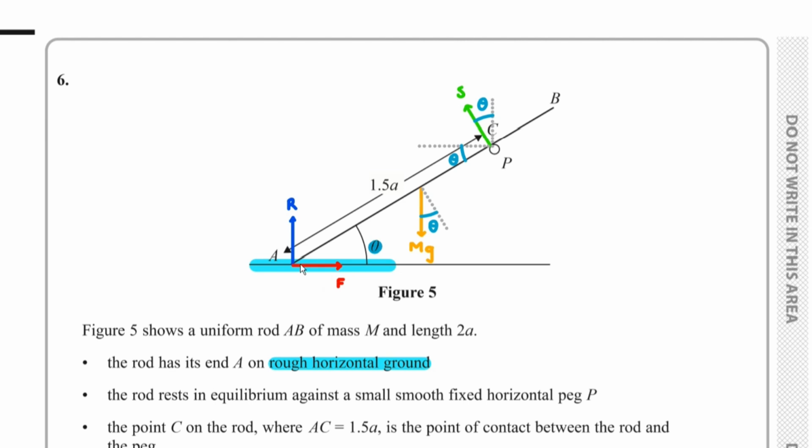If it's in equilibrium, resolving horizontally, we have F equaling S sin theta. Now, we know what S is, we worked that out in part A, that's 2mg over 5, and we multiply this by sin theta, which is 4 over 5, meaning F is equal to 8mg over 25.